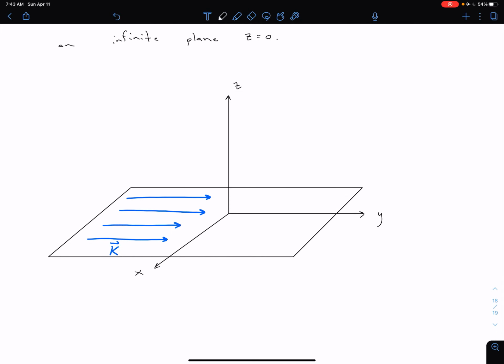And so of course this infinite plane is extending towards negative infinity in x, positive infinity in x, positive infinity in y, and negative infinity in y. And so as always, of course, we don't ever actually encounter an infinite plane with current, but there are situations where using this simpler equation is appropriate.